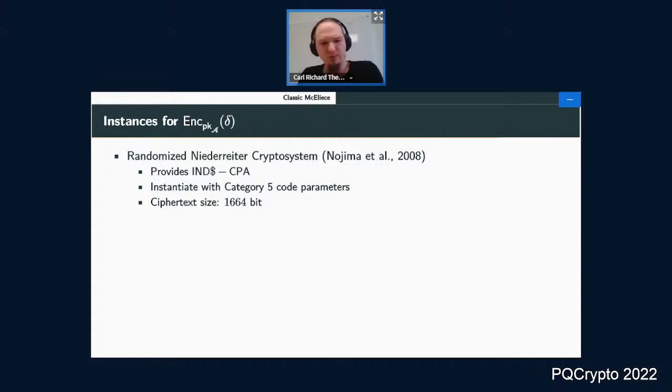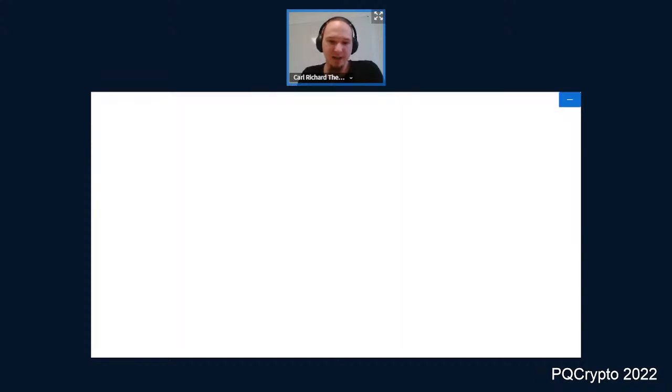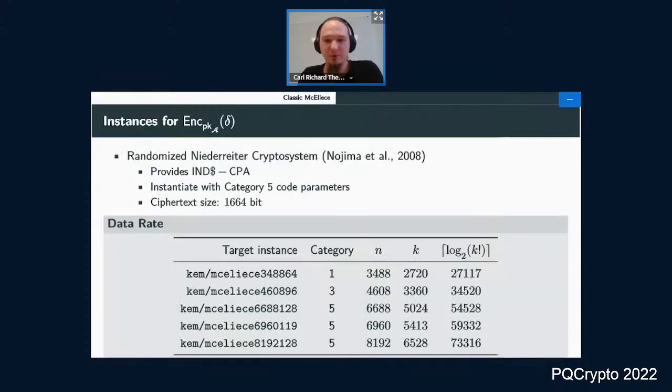We now need to ensure that this actually fits into the public key. And actually, this does fit without any problems, because the smallest Classic McEliece parameter set already allows for a permutation selection string of around 27 kilobits.